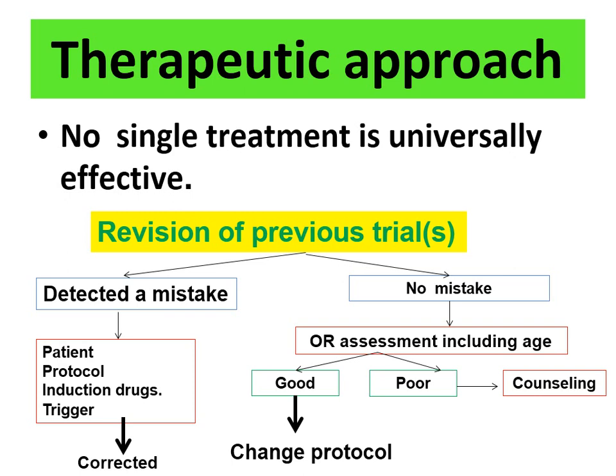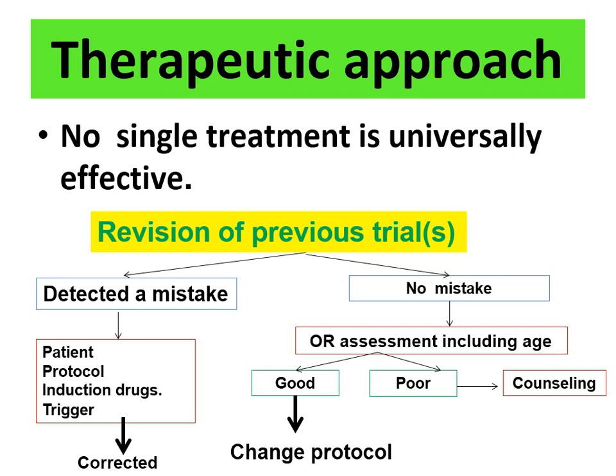If you find any problem in these steps, you have to stop and change, and now you have got the cause of the previous empty follicle syndrome and you have to correct it, and perhaps you may succeed to have a good case of positive aspiration. But if you did not find any mistake, you have to assess the patient for ovarian reserve, including HMG and her age because of the aged ovary.